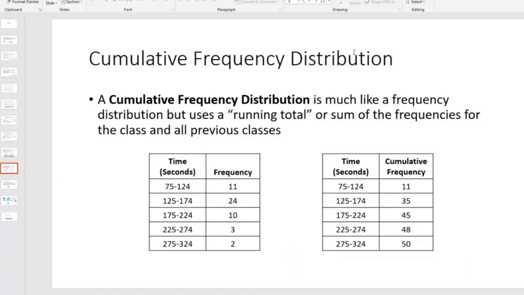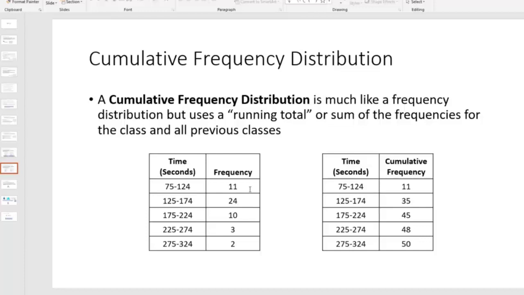Now, a cumulative frequency distribution is another chart that you can make from a frequency distribution chart. But rather than telling you how much happens in each individual class, it keeps a running total. So like here again on the left, we have that same frequency distribution, and on the right, we have a cumulative frequency distribution. It's like telling you how many you've had so far.